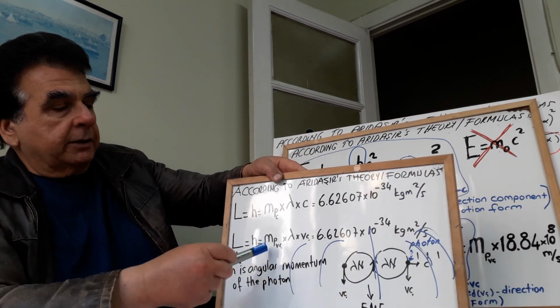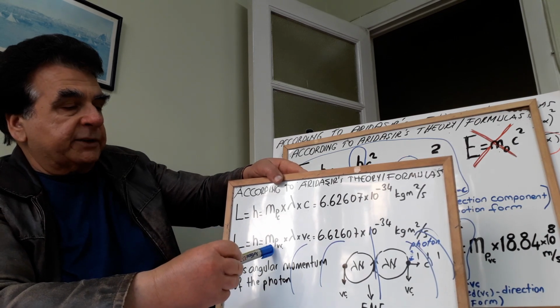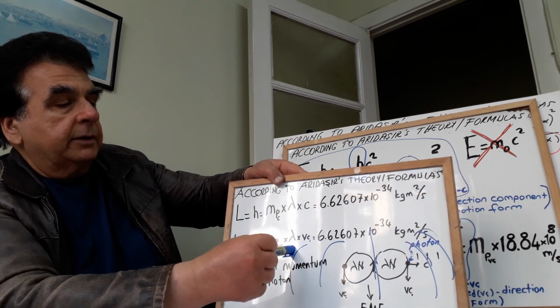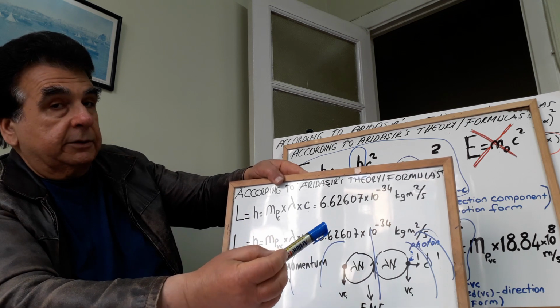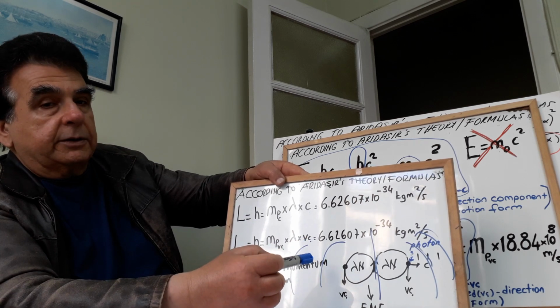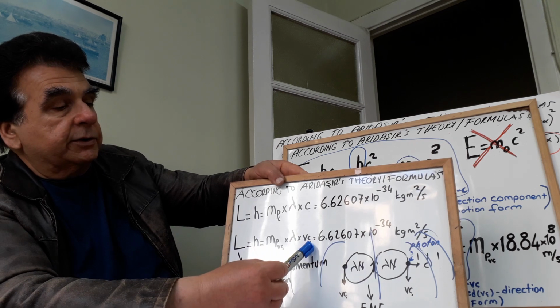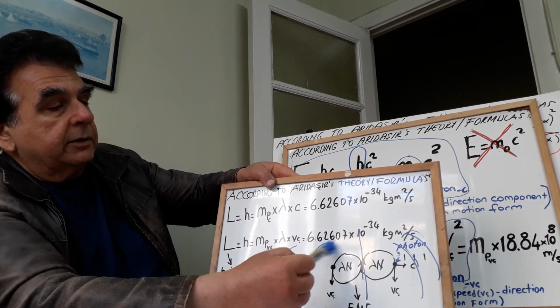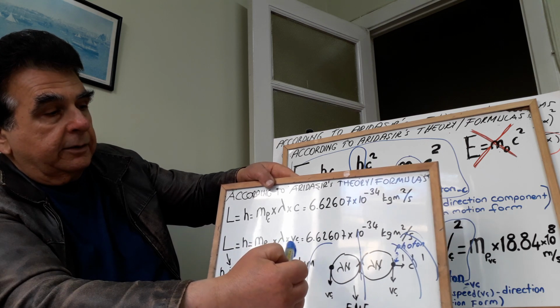When we multiply tangential velocity component mass of photon, electron wavelength or photon wavelength, which are the same, and 6.28 times speed of light tangential speed, we gain Planck's constant again.